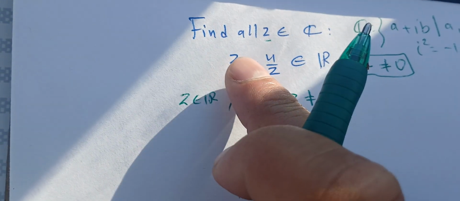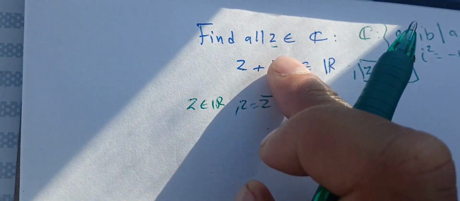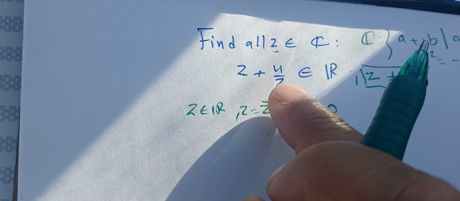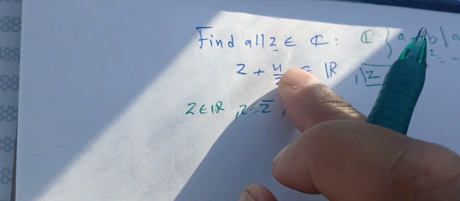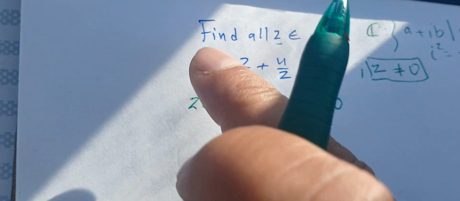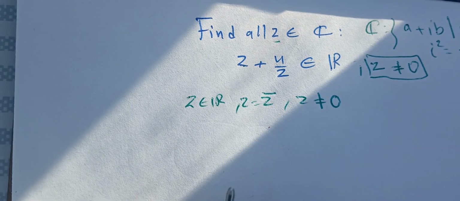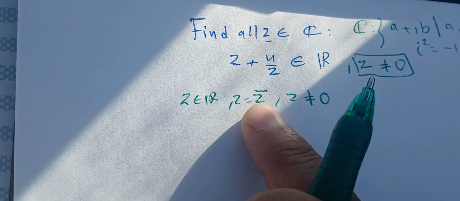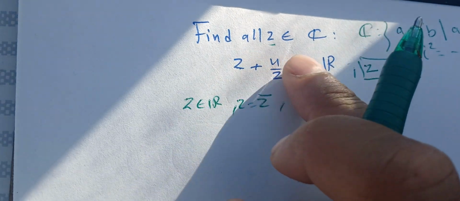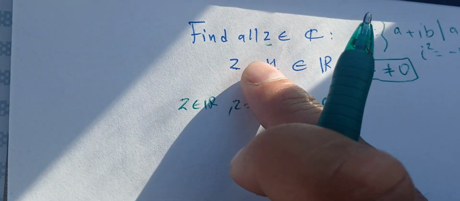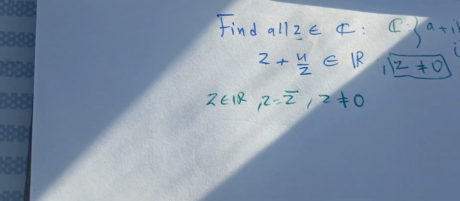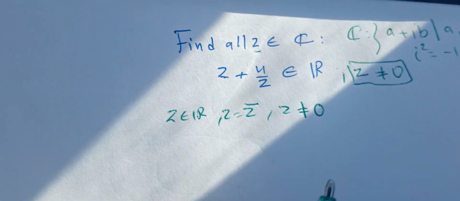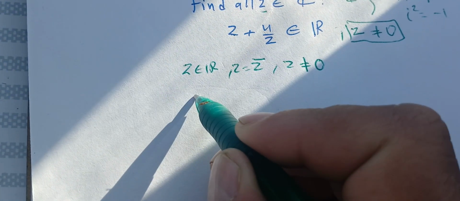And we have the sum of two real numbers: z is real and 4 over z is real. Therefore, the addition of two real numbers is real. So when z is real, we have this automatically.